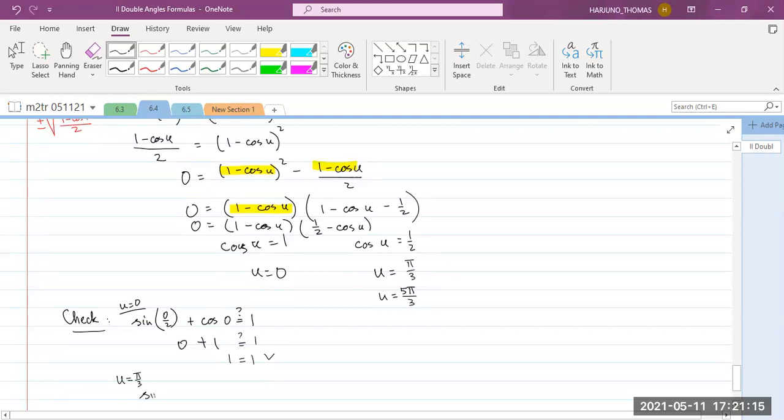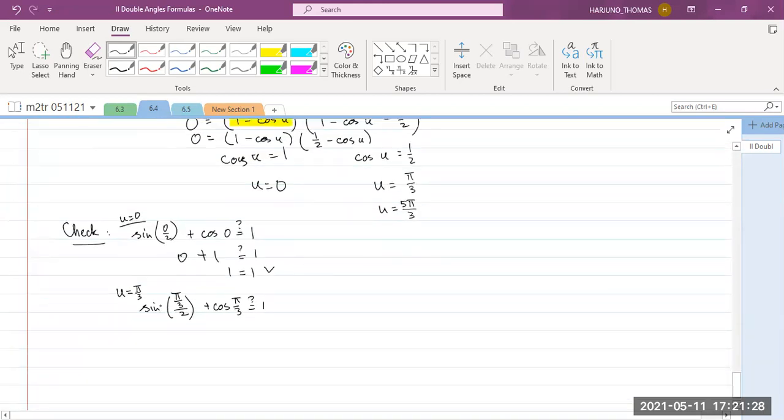Now sine of pi over 3 over 2 plus cosine pi over 3, is it 1? That's sine pi over 6 plus cosine pi over 3, is it 1? This is 1/2. That's another 1/2. So it's a check, huh?